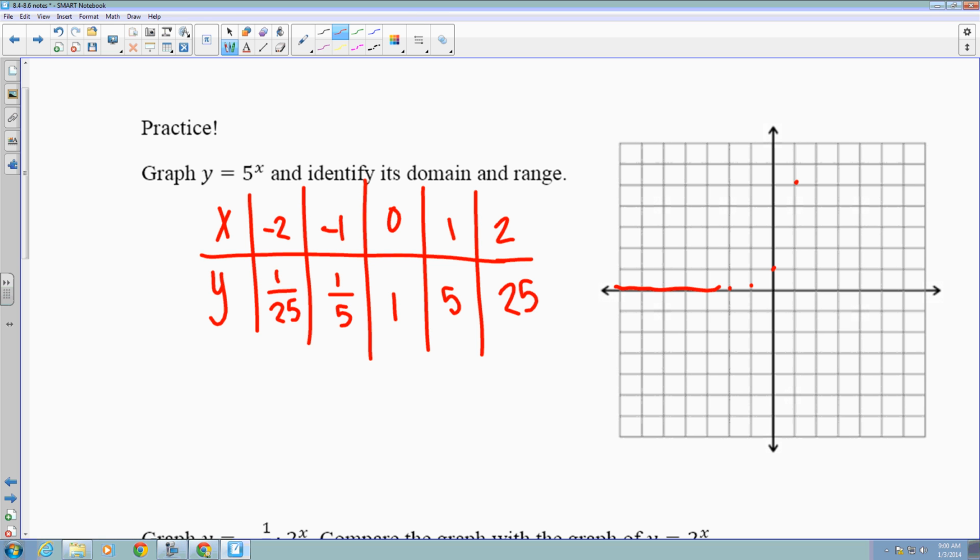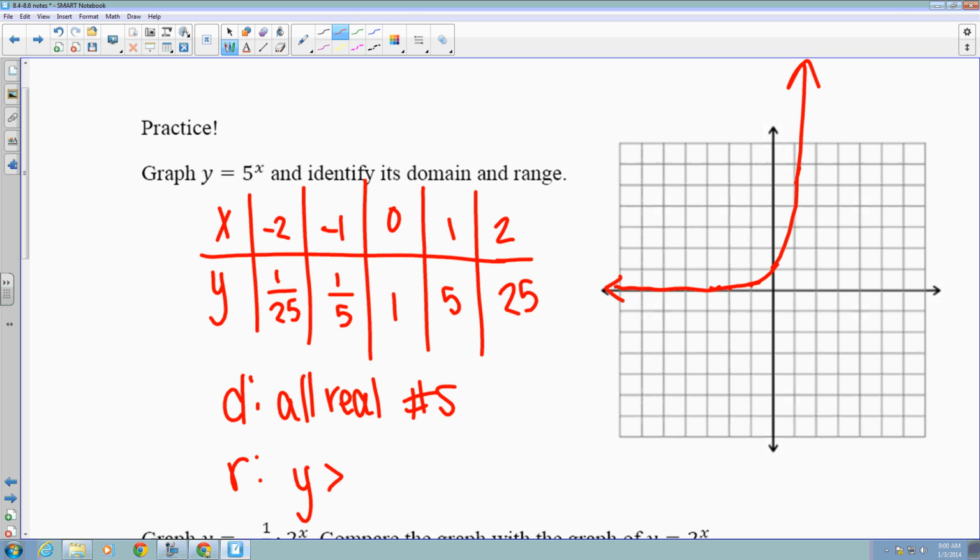Okay, so it should be virtually touching the x-axis and going up very dramatically. Identify the domain and range. Domain is all real numbers because there's no x values that we couldn't plug in. And the range is bigger than 0.